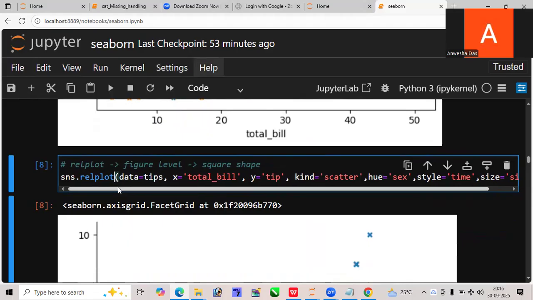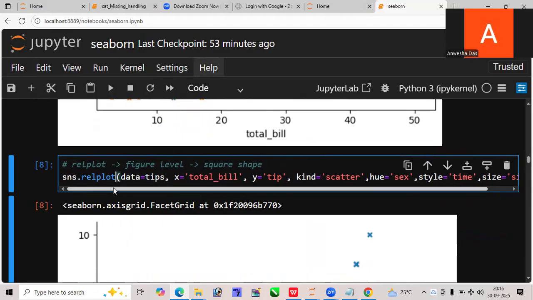Now, for each and every graph, I have to change the name: sns.scatterplot, sns.lineplot, sns.histplot. But here, I can write it in a different way. I can simply write sns.relplot.